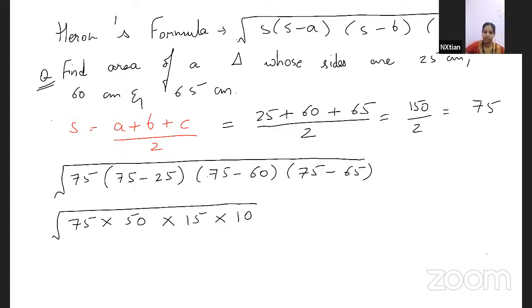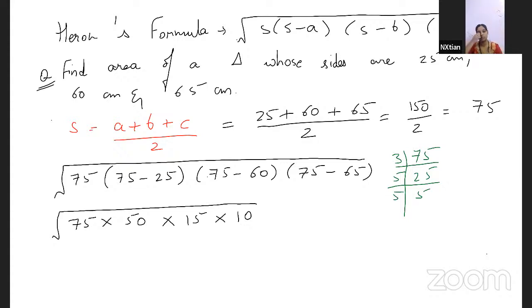Ma'am, so it will be 3 into 5 into 5 into 2 into 5 into 5, equal to 750.